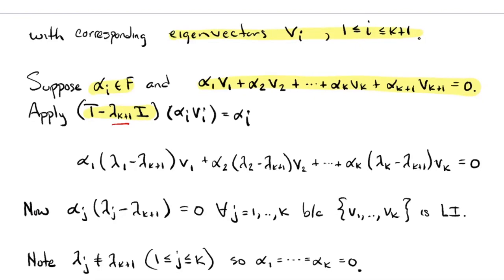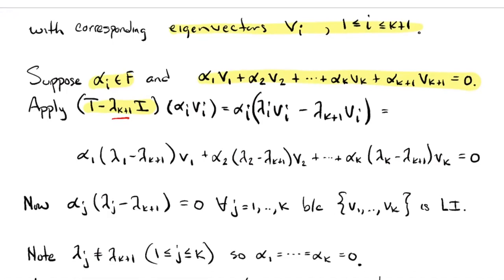Well, T of vi is lambda i vi. And then the other operator is just the identity, so I would end up getting alpha i times the quantity lambda i vi minus lambda k plus 1 vi, because the identity operator sends vi to itself. And if you factor the vi out on the right-hand side, you get alpha i times lambda i minus lambda k plus 1 times vi. So that's just applying that to each one of those terms.